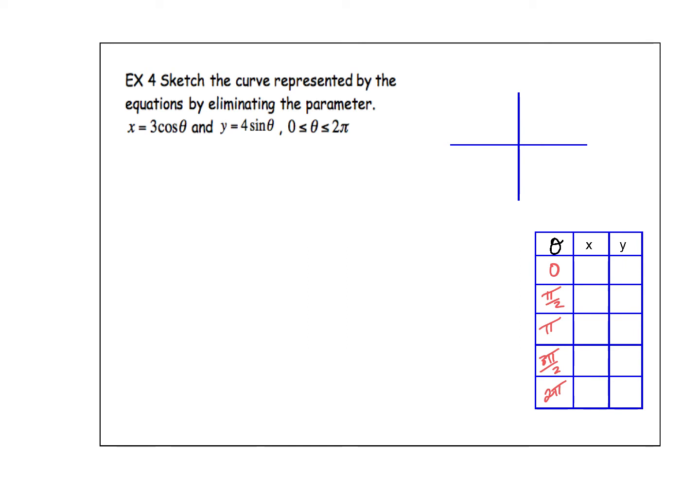If I do 3 cos 0, I get 3. 4 sine 0, I get 0. 3 cos pi over 2, 0. 4 sine pi over 2, 4. 3 cos pi, -3. 4 sine pi, 0. 3 cos 3 pi over 2, 0. 4 sine 3 pi over 2, -4. 3 cos 2 pi, back at 3. 4 sine 2 pi, 0.